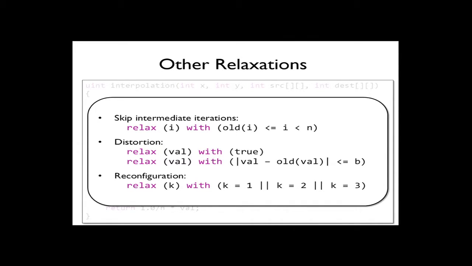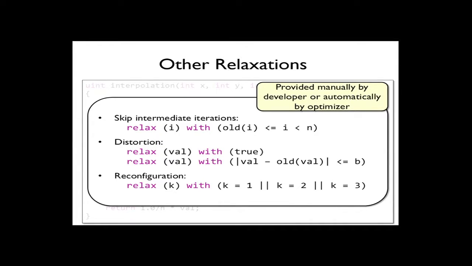You could also do reconfiguration, where perhaps there are multiple ways of doing something in my function, and I non-deterministically choose an appropriate way to perform that task. Now, these relax statements could be provided manually by developers, who explicitly notate where relaxation is possible in your program, or, if you go back to the beginning of the talk, there's a system that we have.